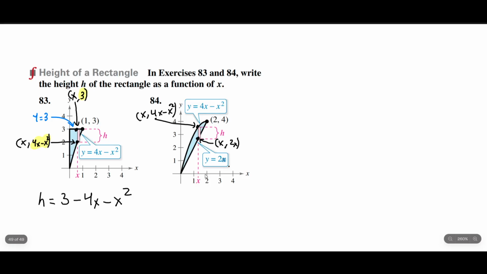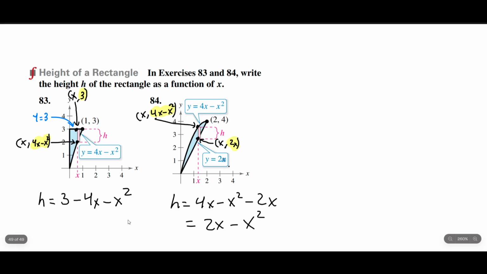We want to find the distance between the y values, so it'll just be this y value minus this y value. So it'll just be h equals 4x minus x squared minus 2x, which will then further equal 2x minus x squared.